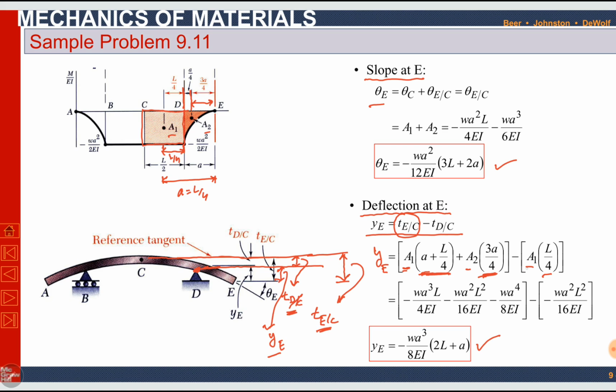It is the area between point D and point C. It is only one area, A1, into the distance of its centroid from point D, because here the first point is D. Simply applying simplification steps on this expression, we can calculate YE. After this, I hope you understand it.